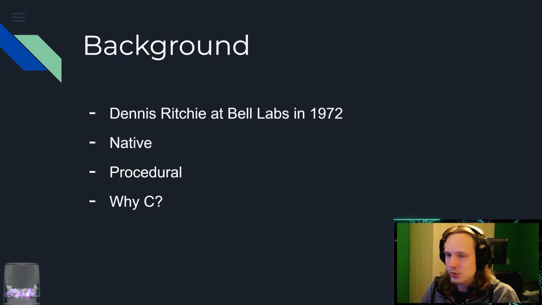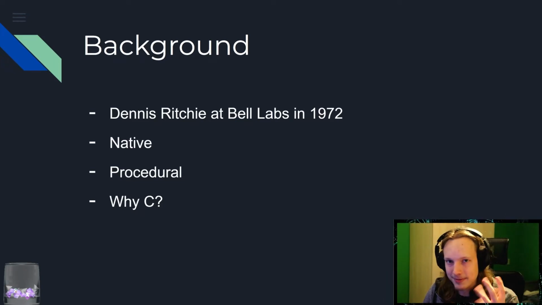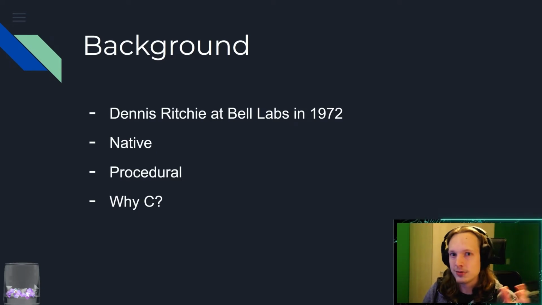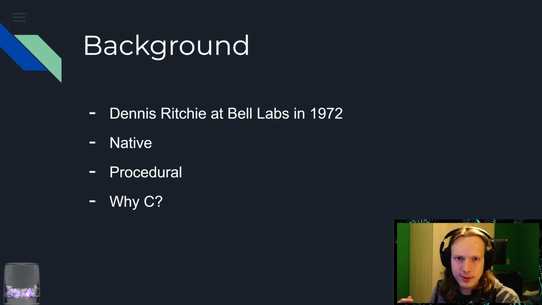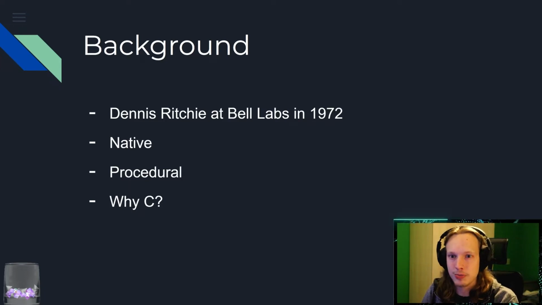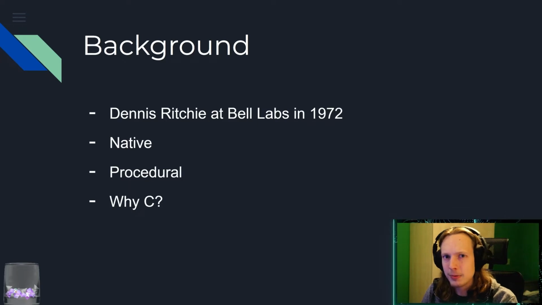Which brings us to why, really? Well, it's a native language, which means that anything that you write in C will get compiled directly into machine code instead of into some interpretable code like with Python, or into some intermediate language or some bytecode like with C Sharp or Java.